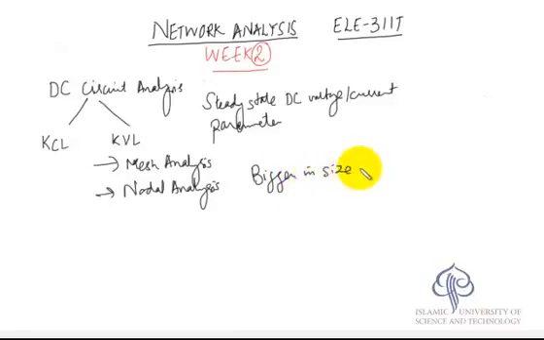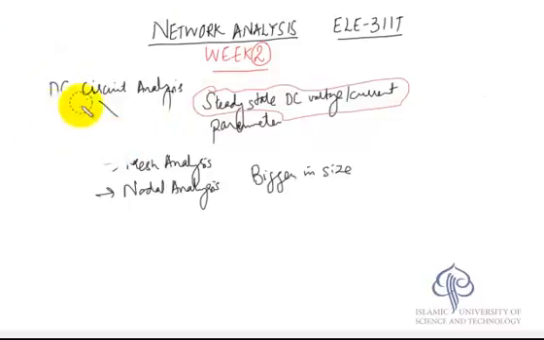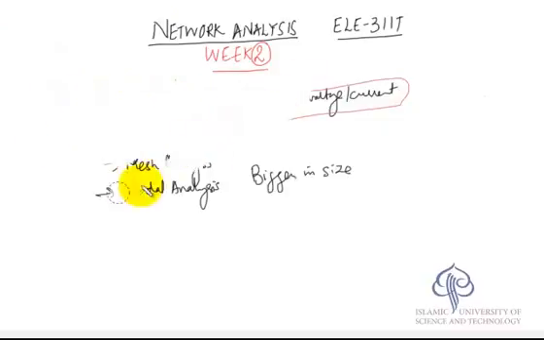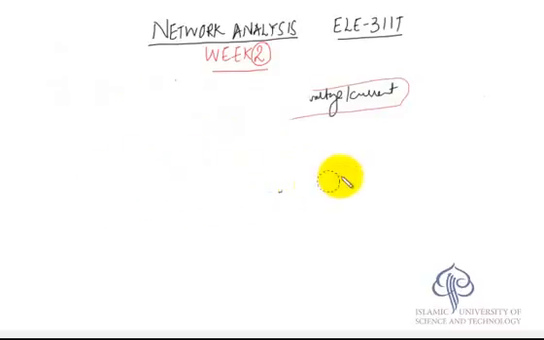But we're basically working only to get the steady state DC voltage or current parameter, in the sense that we are given a big circuit and we are told that we want a particular current or a particular voltage. Now in this course, we're not just interested in getting a particular DC steady state voltage or current parameter. We are basically interested in finding the transient behavior of the system as well.